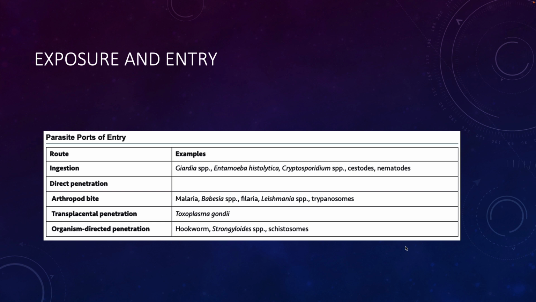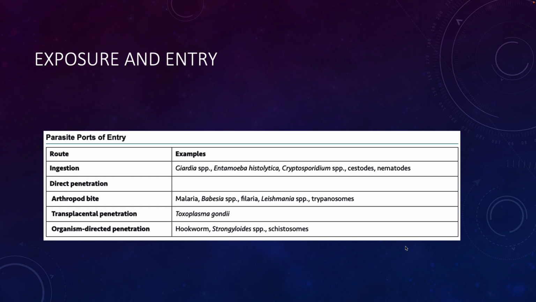Parasites get into the body in a couple of different ways. Most often we think of ingestion or direct penetration. So ingestion is going to be a lot of our unicellular eukaryotes, our roundworms and our tapeworms. Arthropods can transmit some of these.